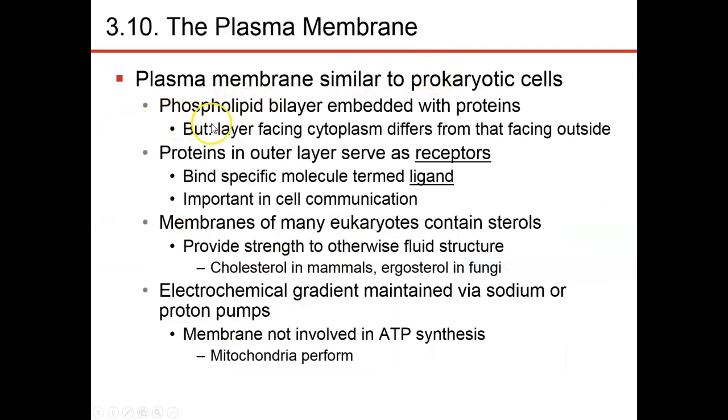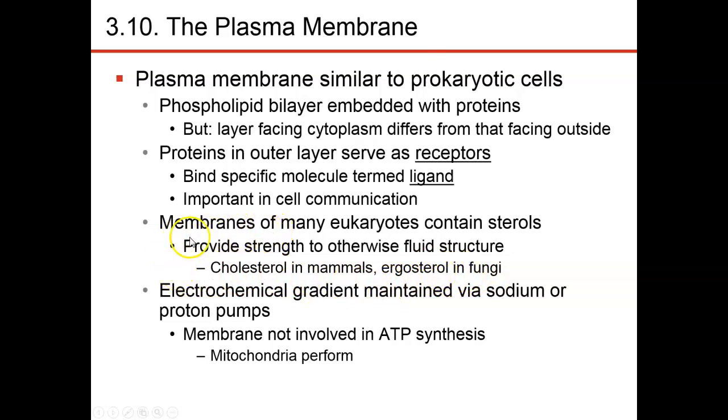The plasma membrane of the eukaryotic cell is similar to prokaryotic cells. They have proteins that serve as receptors or serve to allow for materials to move across the membranes. Eukaryotic cells have sterols. In animals, this is cholesterol. In fungi, it's ergosterol.